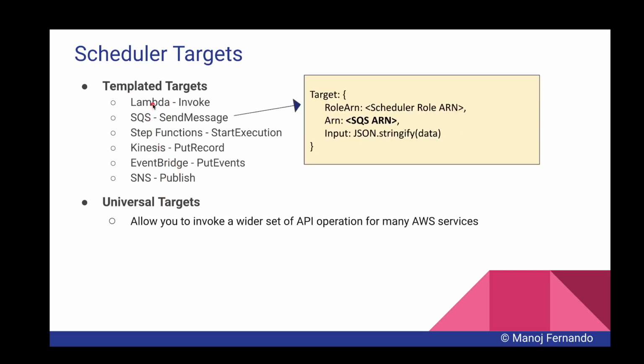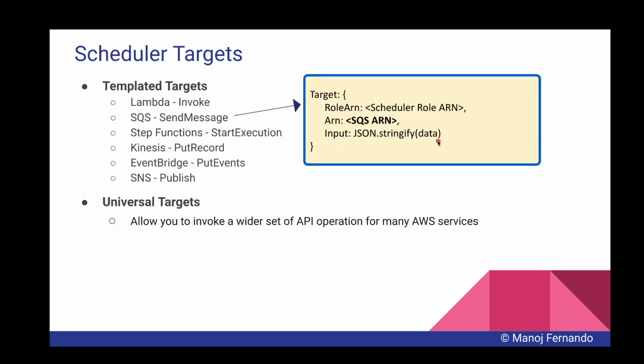All right, so what's the difference between the templated target and the universal target? When we are defining a templated target, we define our target in this manner. We have to define the ARN of the target. In this case, we want to send a message to an SQS queue when the schedule goes off, so here we define the ARN of the SQS queue. Then we define the message data that we are sending into the SQS queue in the input.